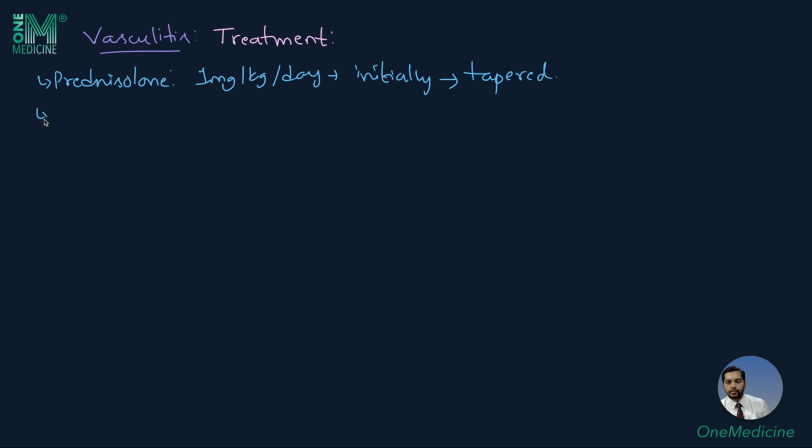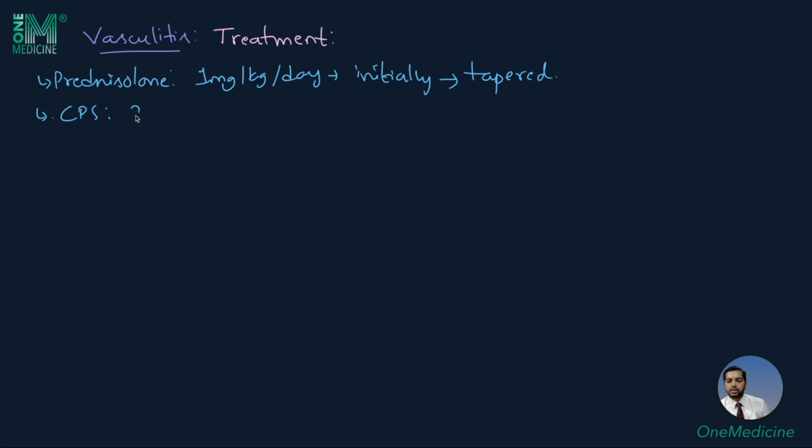Some of the important medications used include prednisolone in the dosing of 1 milligram per kg per day, started initially, and it can be tapered according to the response from disease activity.